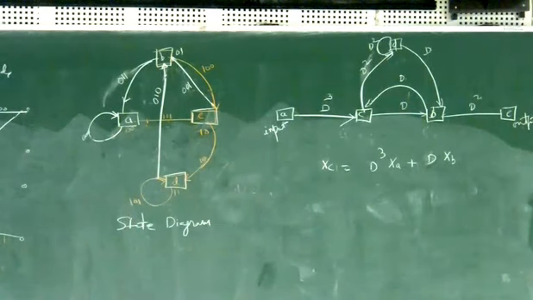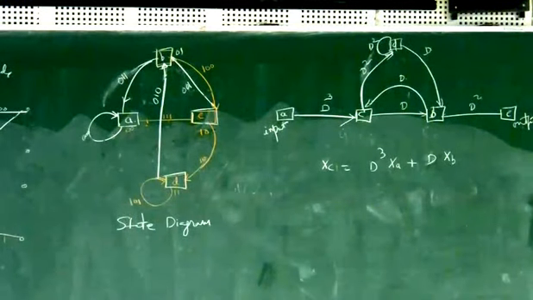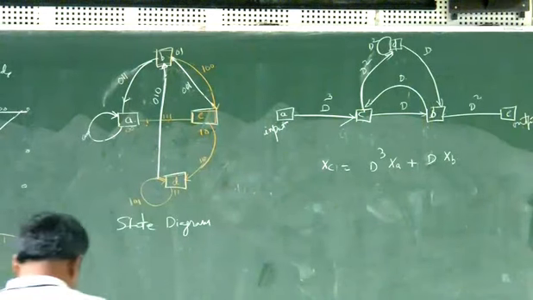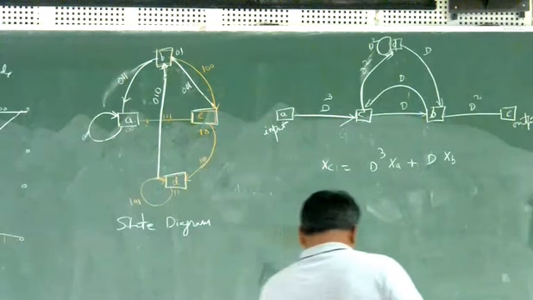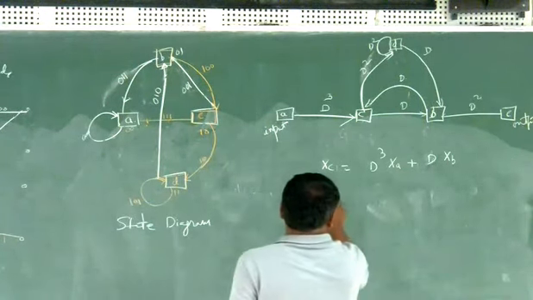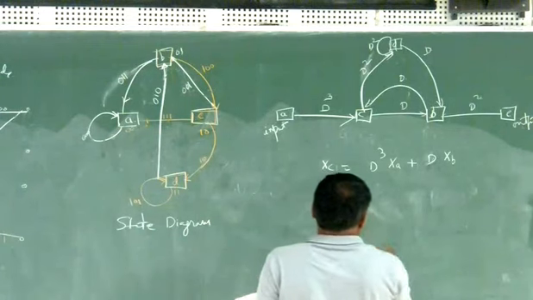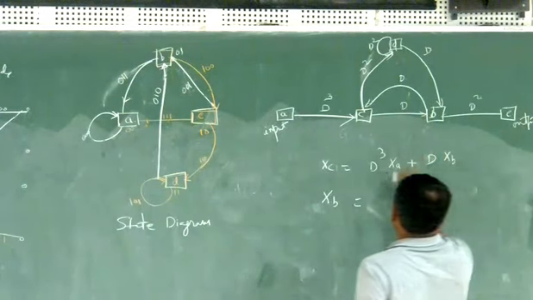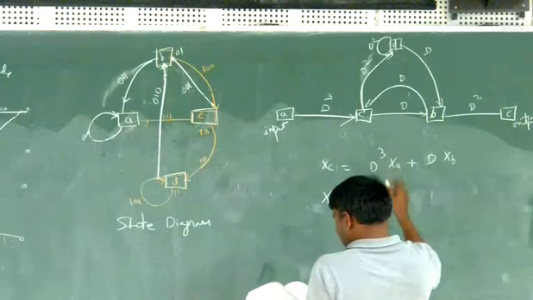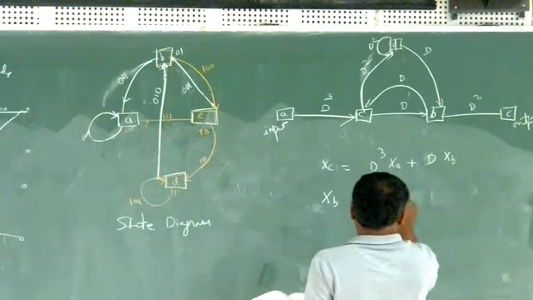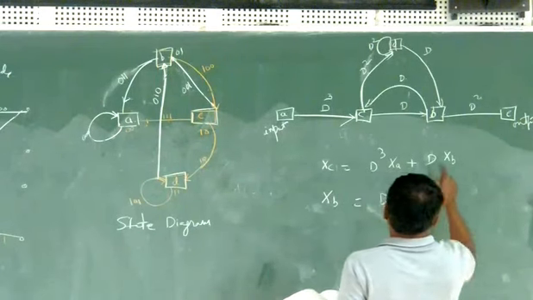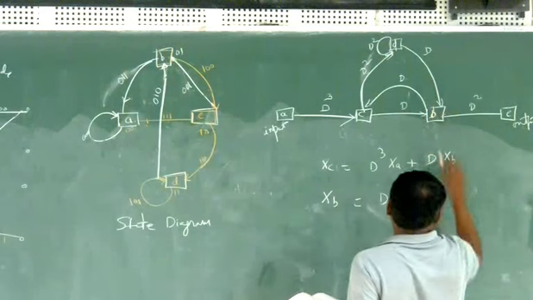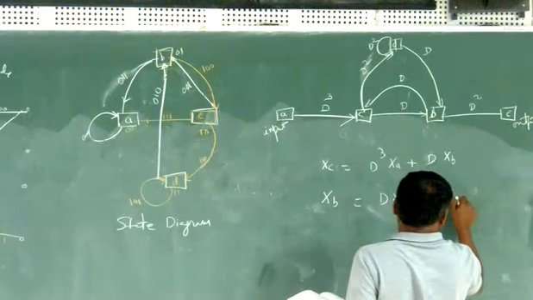We're trying to get the transfer function between input and output. And Xb is equal to, let's see, D into Xc plus D into Xd.